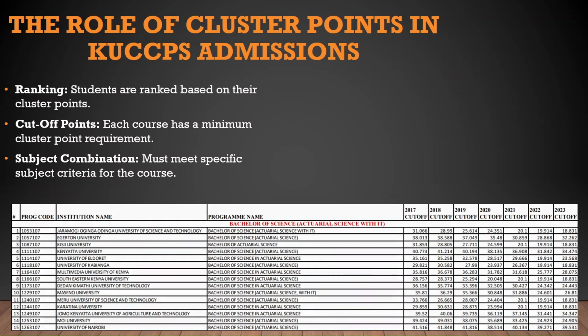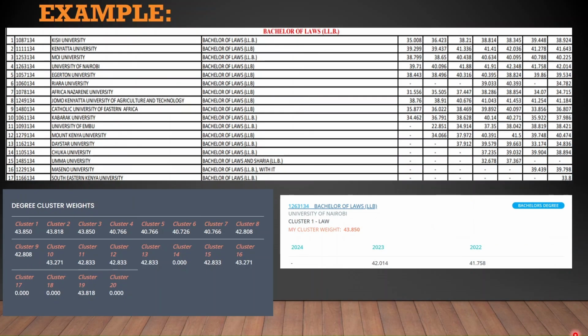Let's give it a better example and a clearer vision here. So you remember these cluster weights, right? This is what you first saw in your portal, right? Let's take an example of law once more. In this you have 43.850, right? So perfectly done. You have done a very good job. Then the second thing you do after you see your cluster, you go to the table that shows these particular degrees.